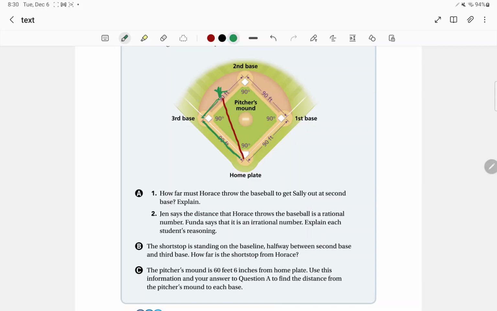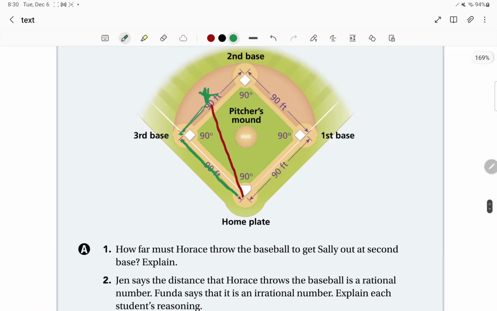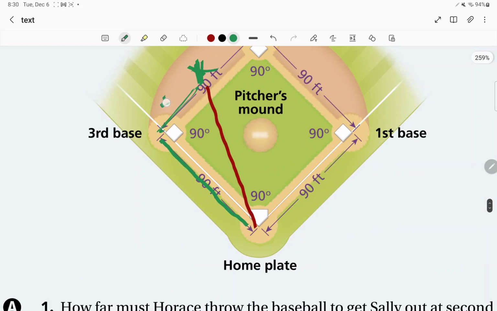All right, so now instead of this being 90 feet, this across here is 45 feet. This is still 90 feet. And we don't know what this is. So let's just say that this is a distance of D. We do know that this is a right triangle. That's a right angle there. And so we can set up our Pythagorean theorem. So that'd be 45 squared plus 90 squared is equal to D squared.